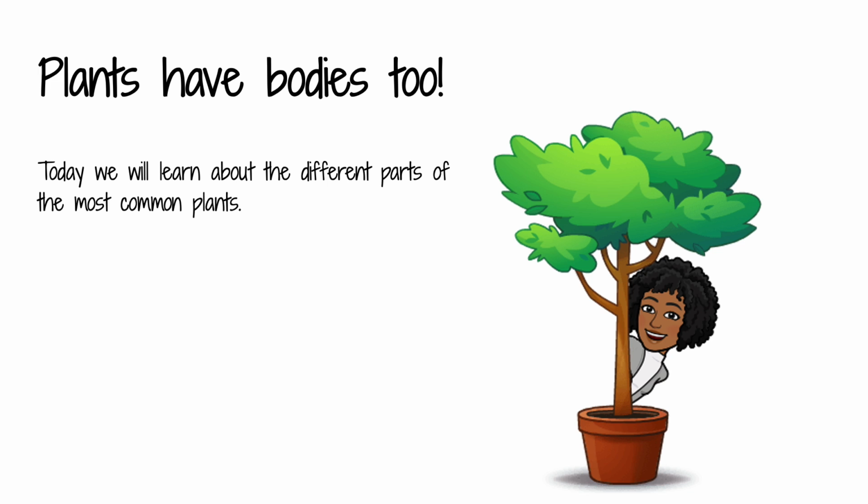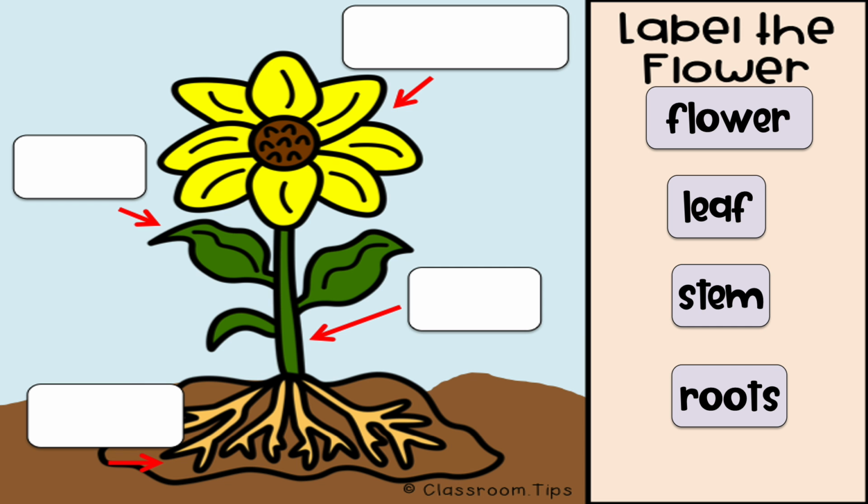So if you take a look at our illustration here, our drawing, we are actually going to label this flower together in English, okay? So let's start at the top, close to that yellow part. Looking from our options there, flower, leaf, stem, and roots, which of those words would go towards the top by one of those yellow things?